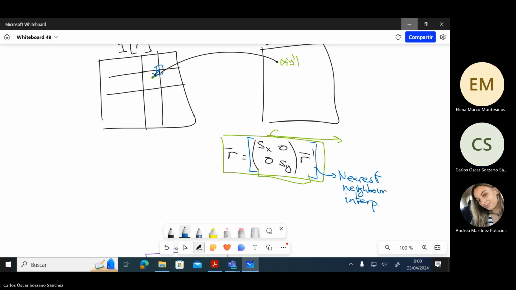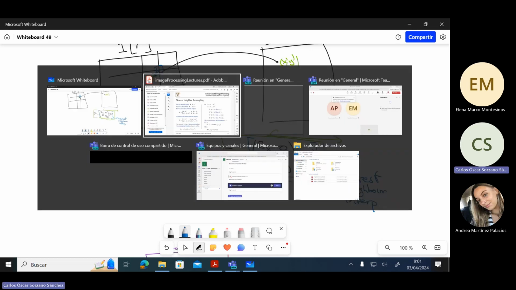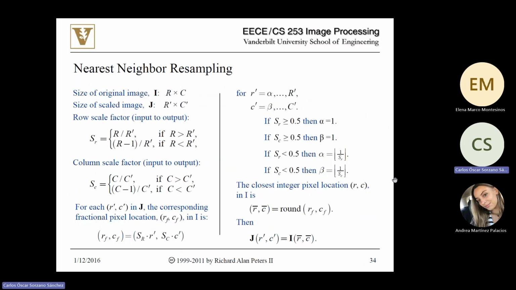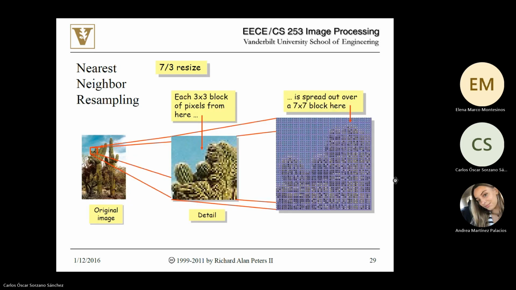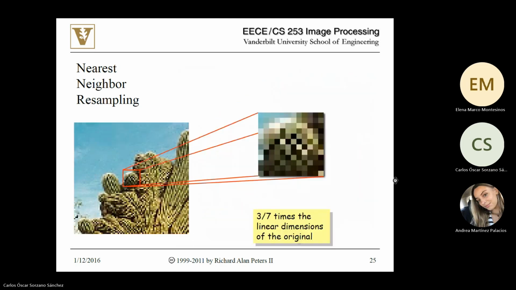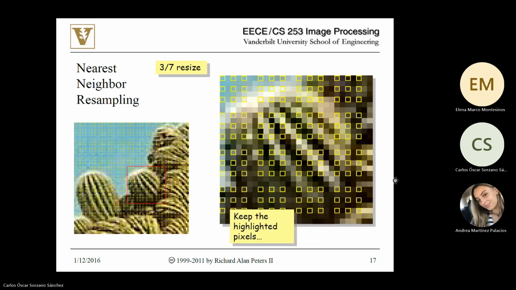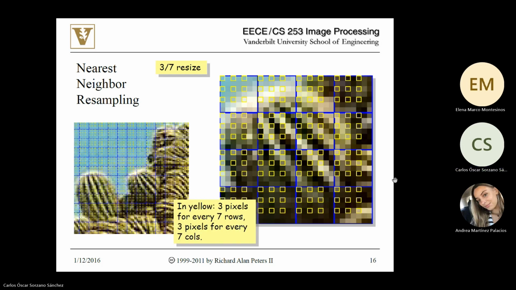Okay, so nothing really fancy. And we saw the other day that this one has a problem. That is the sampling. So let's say that I'm making a resizing by 3/7. So these scales are 3/7.